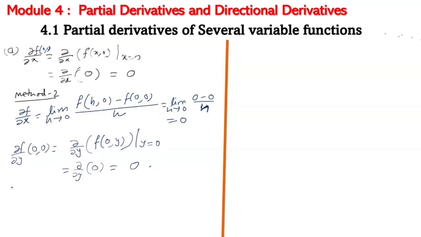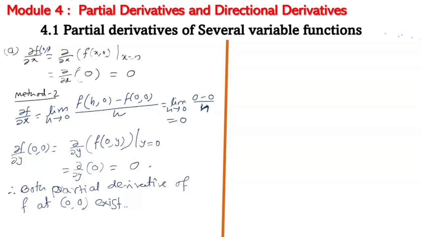So therefore both partial derivatives of f at (0, 0) exist.